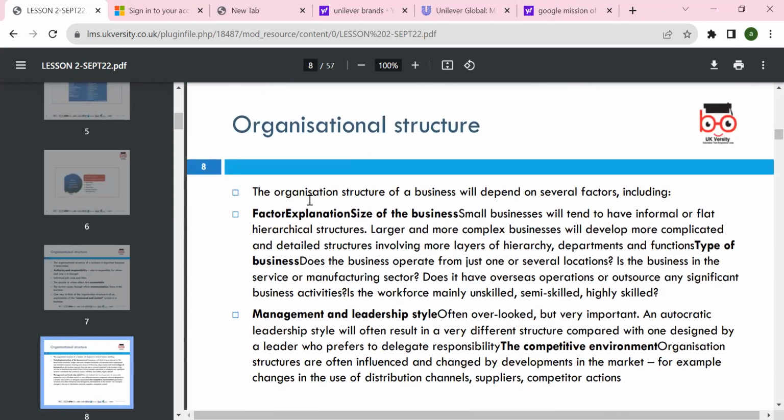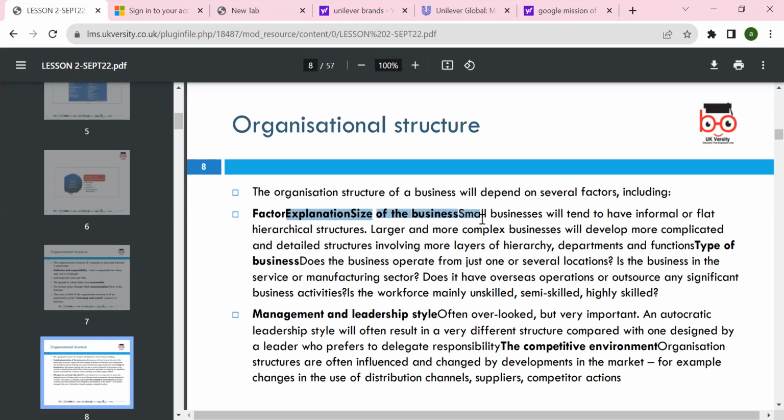Organization structure in a business will depend upon several factors. First is size: a small organization will tend to have a formal flat structure, while large organizations are more complex and develop complicated structures. Then the type of business, and whether the business operates from one or several locations. Like Unilever, which operates in 130 countries, so they have a country manager, a regional manager, a brand manager, a product manager.